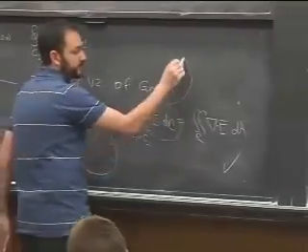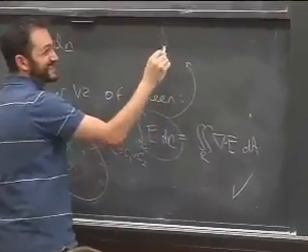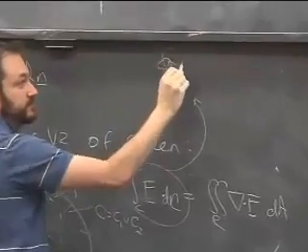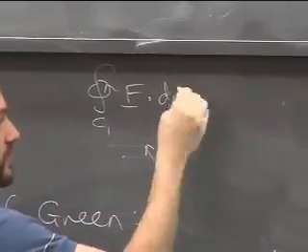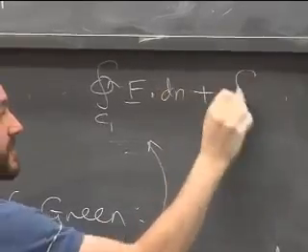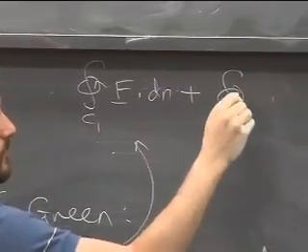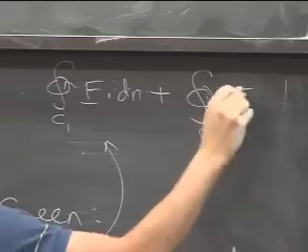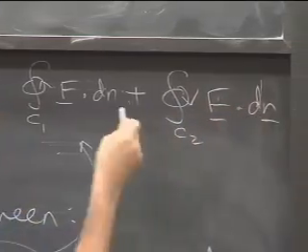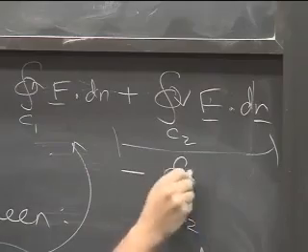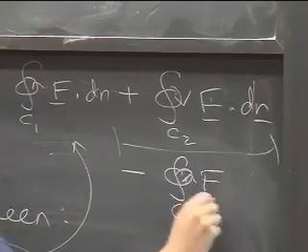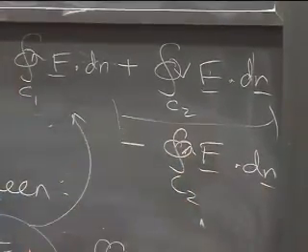But the interpretation of this is that you have C1 going this way, f dot dn, minus, or plus, C2 going the other way. Or you can replace this term with minus C2 going the normal, counterclockwise way.